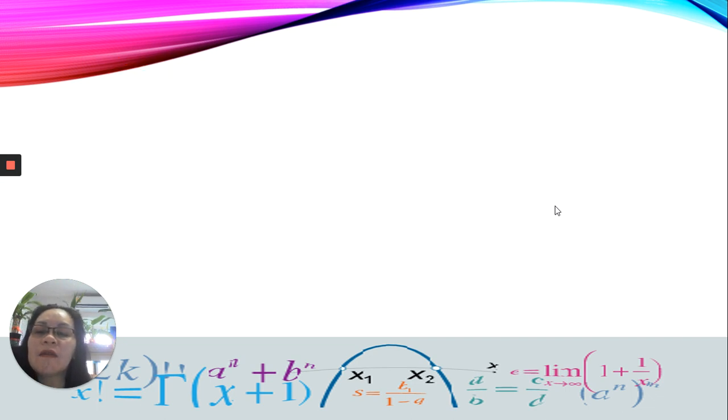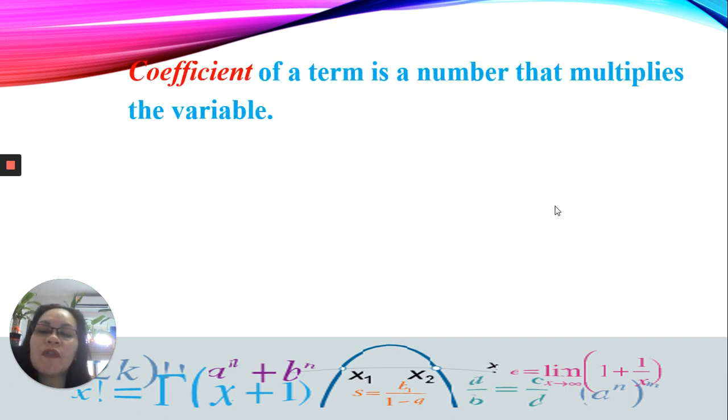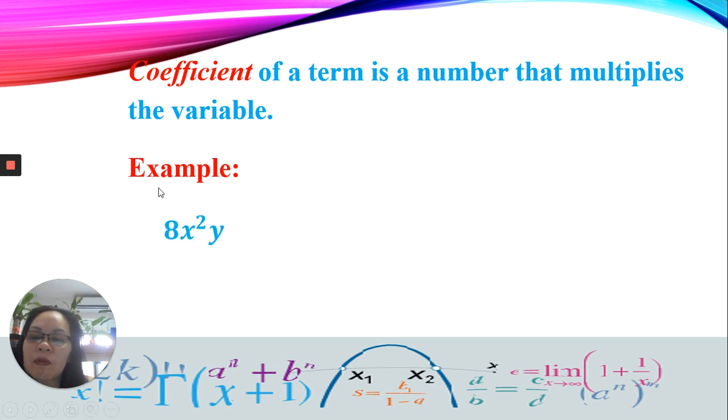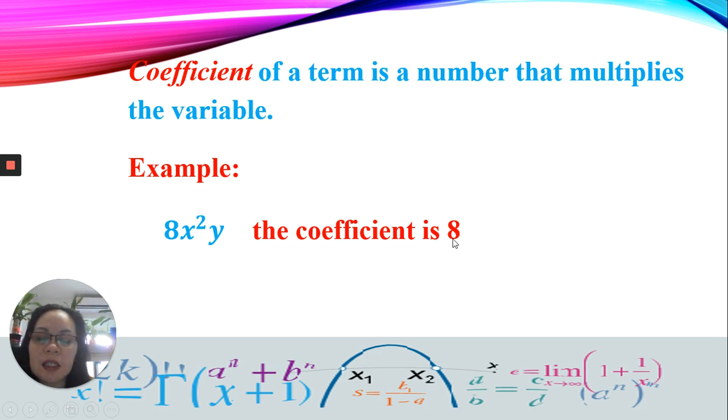Now let's have another term, the coefficient. Coefficient of a term is a number that multiplies the variable. So for examples of coefficient, you have a term 8x squared y. So the coefficient of that is the number that multiplies the variable, so you'll have 8.